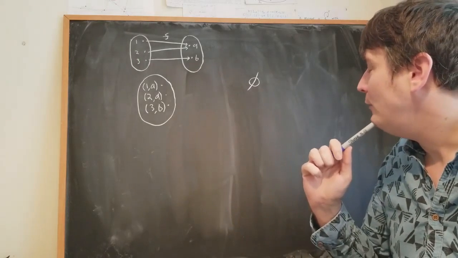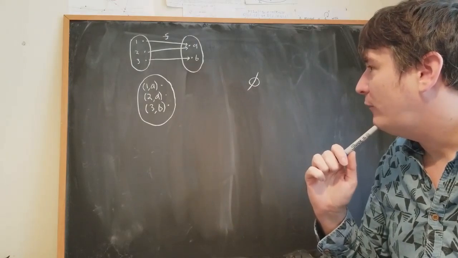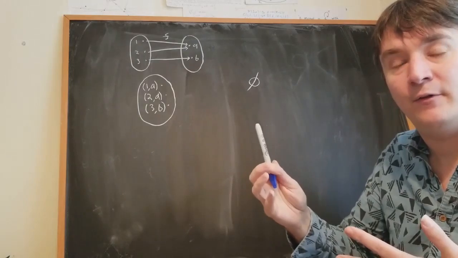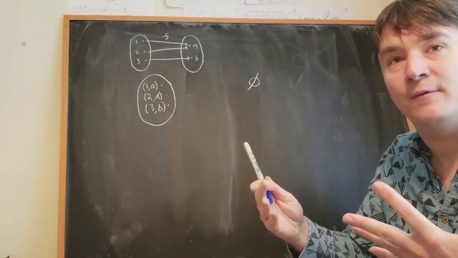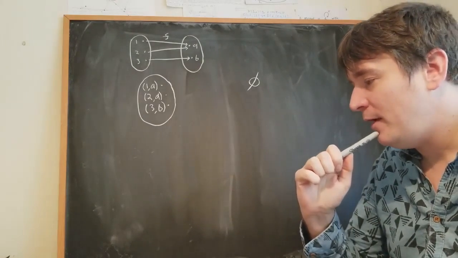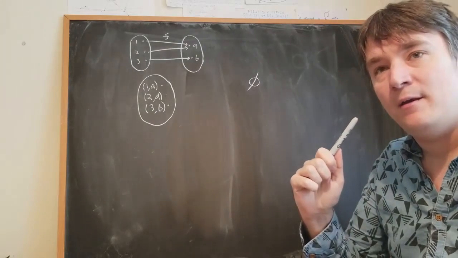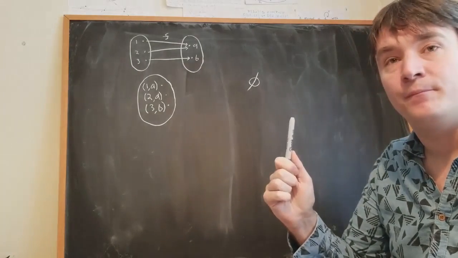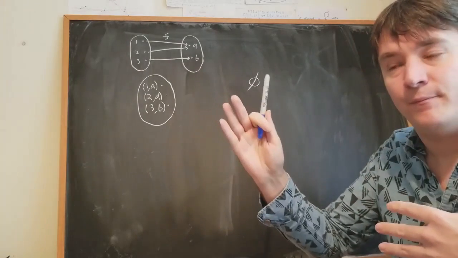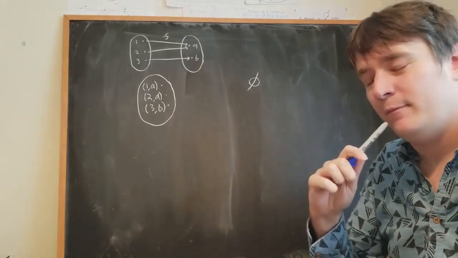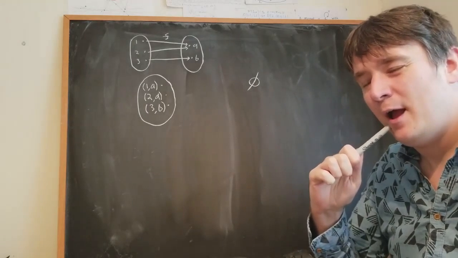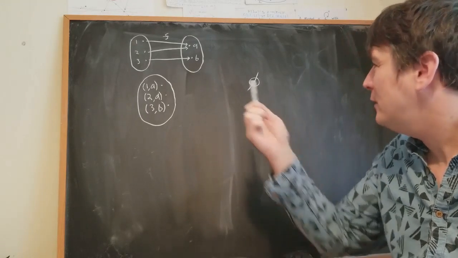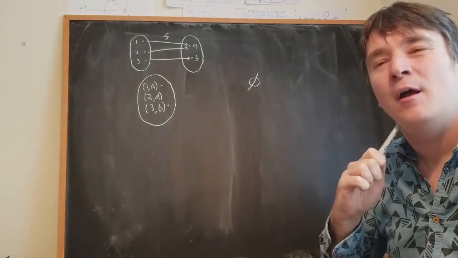And so how can we see that the empty set is an initial object in this category Set? Well, if that's true, then there must be a function from the empty set to any other set. That seems a bit strange, doesn't it? How can there be a function from something that doesn't have any elements?